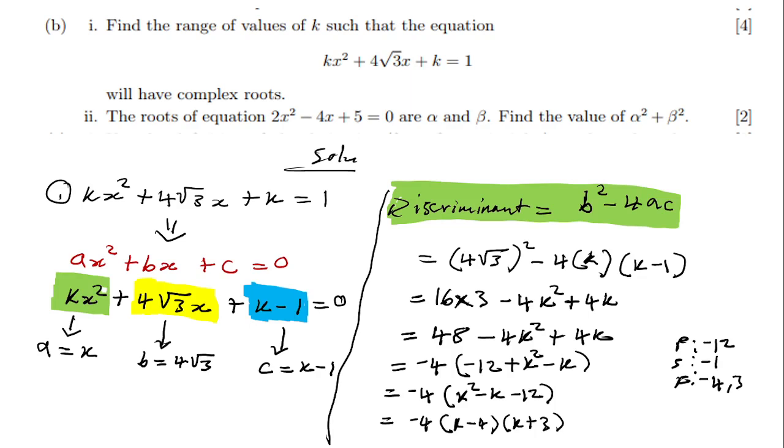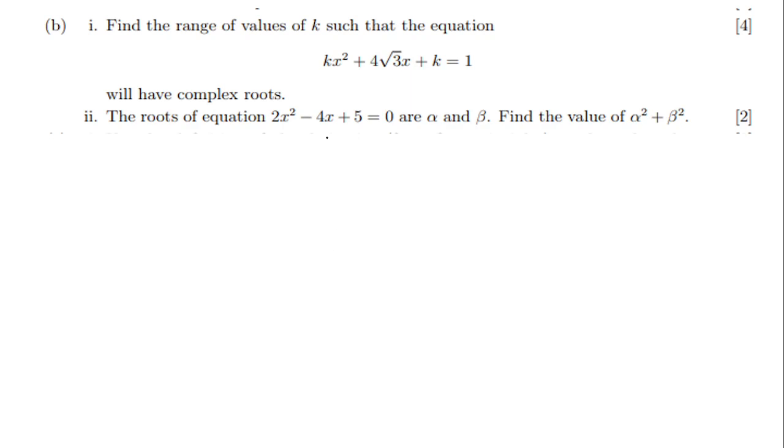So that means that we are now going to have our solution. I'll write it again. I have -4 open bracket, k minus 4, close bracket, and I also have k plus 3.